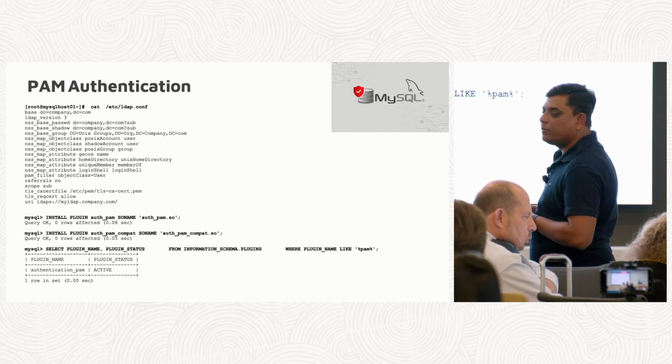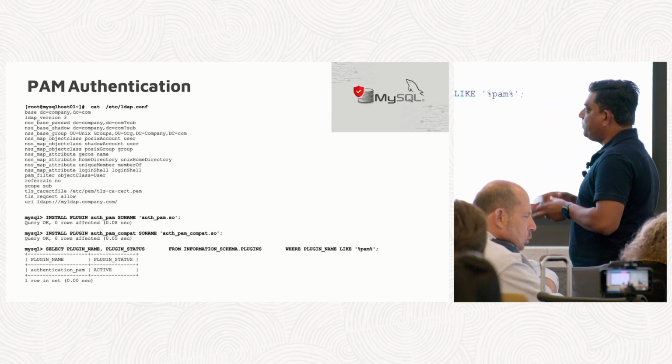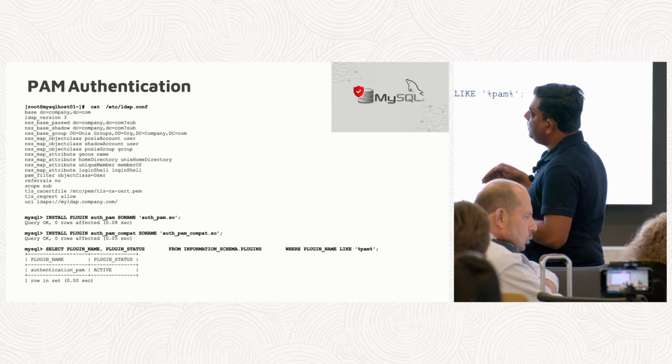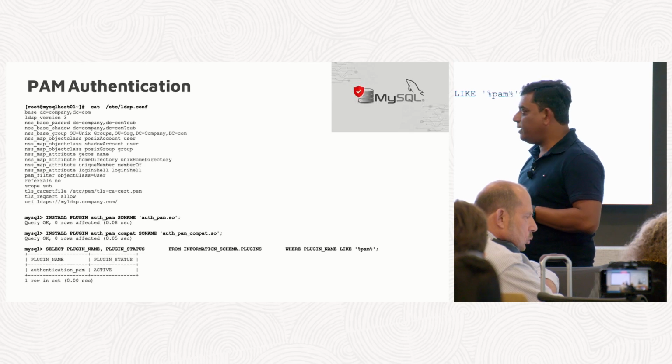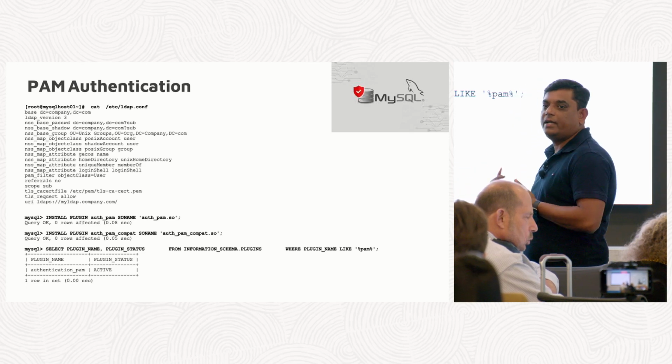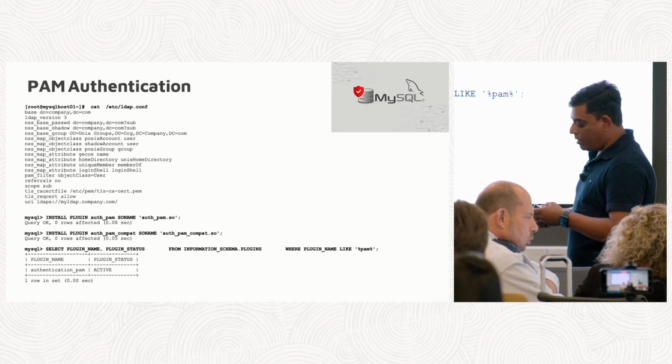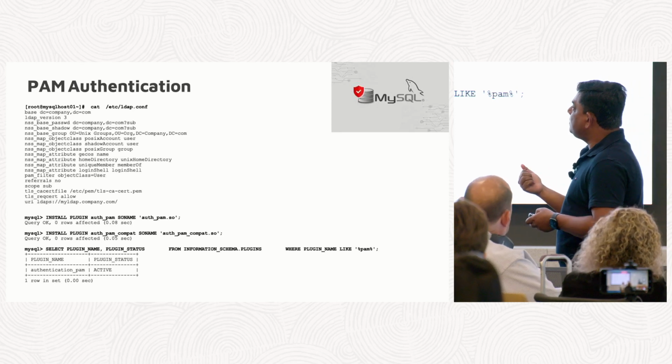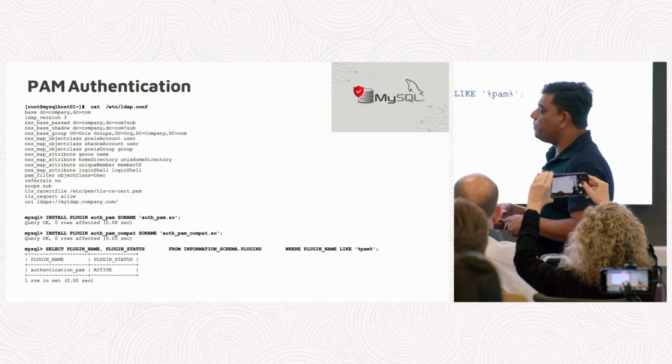Then you install authpam, which makes a call to the operating system, and the operating system calls the actual LDAP to authenticate, instead of directly using LDAP authentication. PAM supports a lot of modules, but this is the simplest.